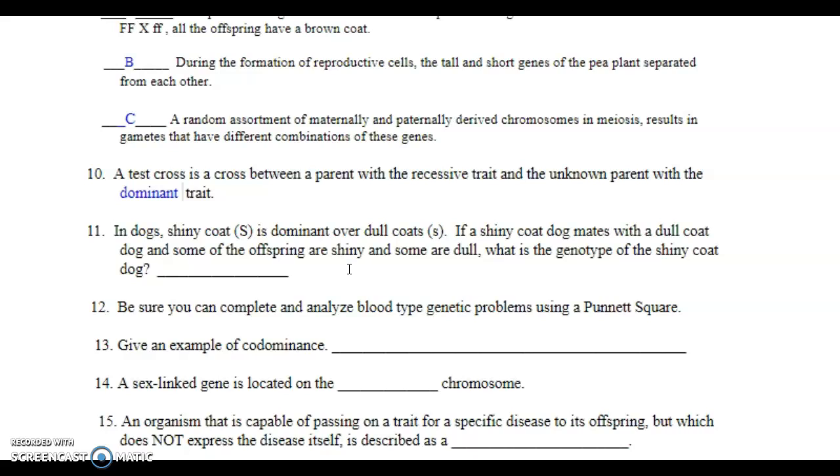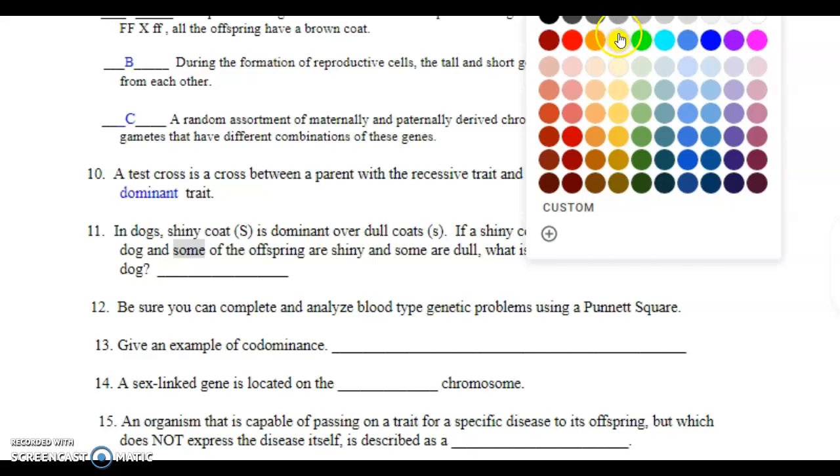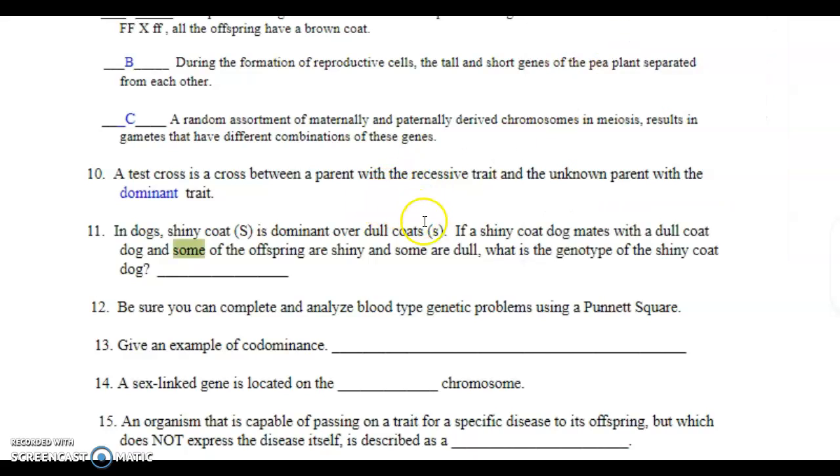Or we could remember our keywords to look for. If it says some are shiny and some are dull, "some" is our keyword. So if some are shiny and some are dull, then the dull coat dog can only give little s's.